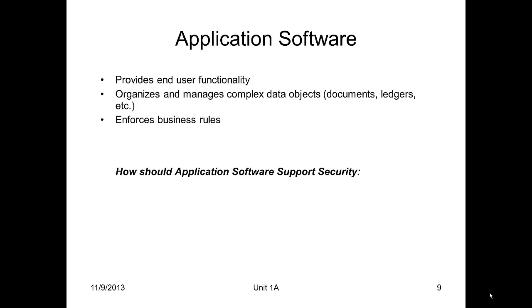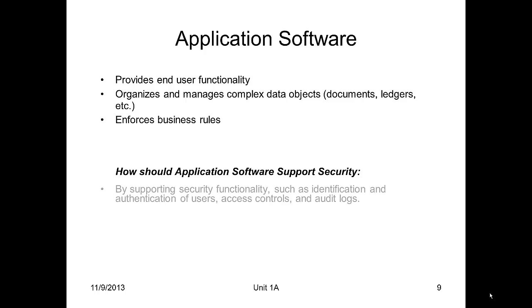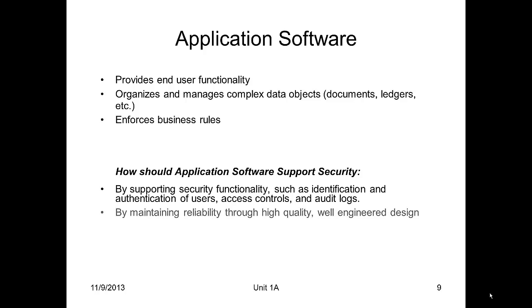How should application software support security? By supporting security functionality, such as identification and authentication of users to application functions, access controls governing user access to functions, and audit logs which detail the business transactions that a user may have conducted.